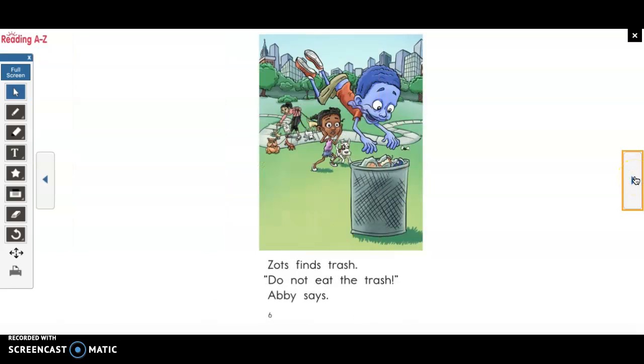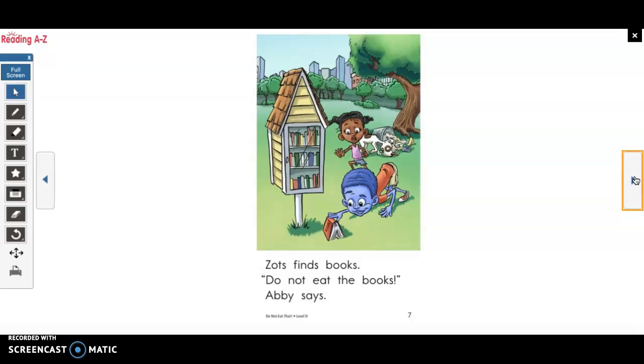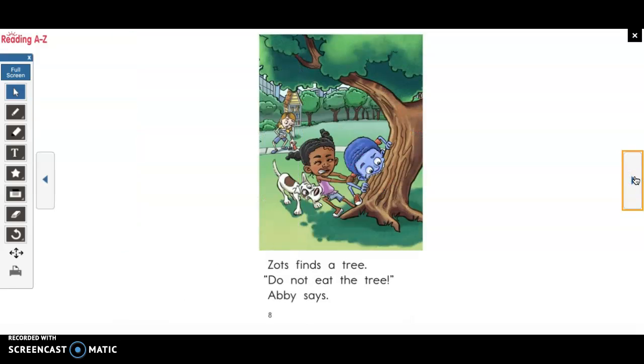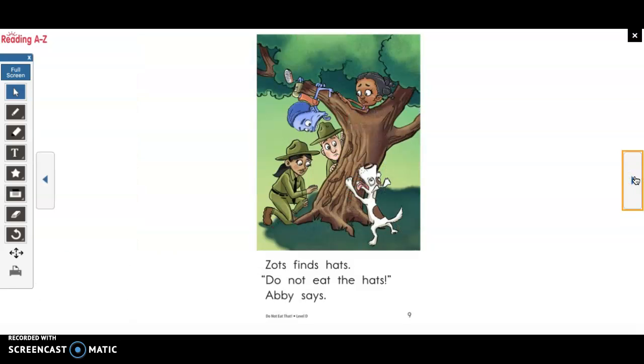Zotz finds trash. Do not eat the trash, Abby says. Zotz finds books. Do not eat the books, Abby says. Zotz finds a tree. Do not eat the tree, Abby says. Zotz finds hats.